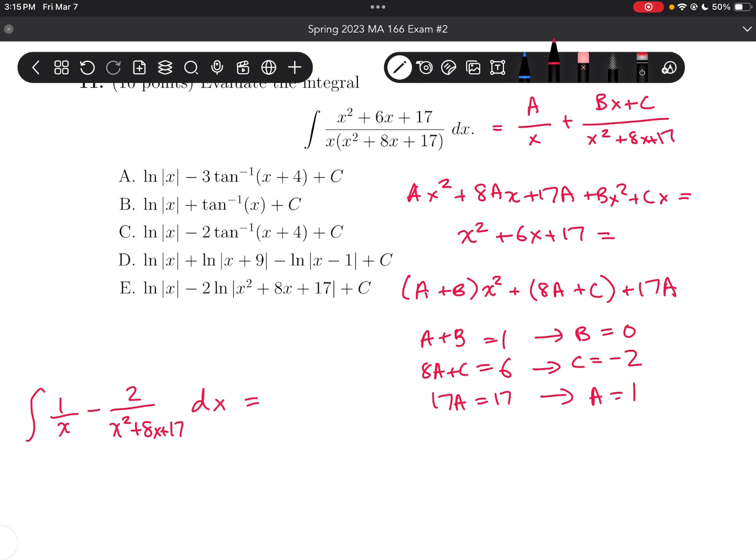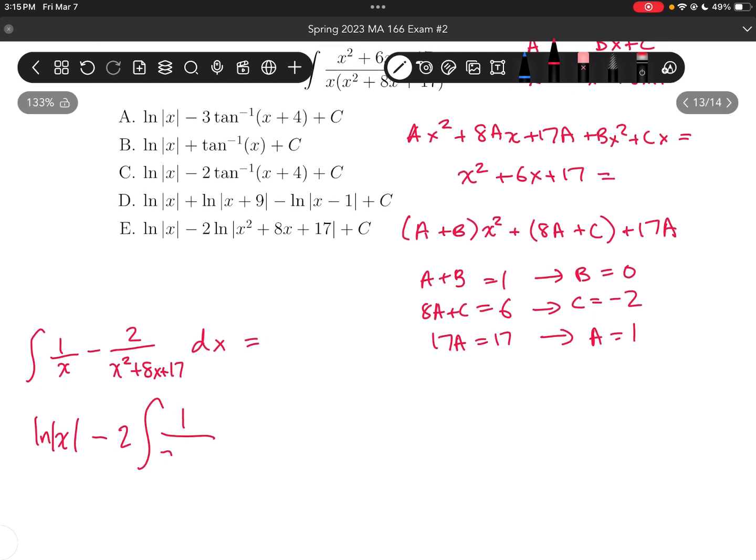So we can evaluate these two parts separately. If I evaluate this first part, I get natural log of x. All we have left now is to evaluate this negative 2 over x squared plus 8x plus 17.